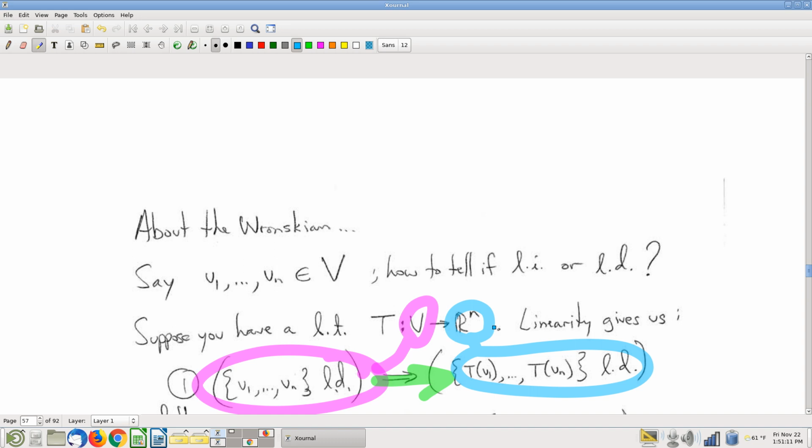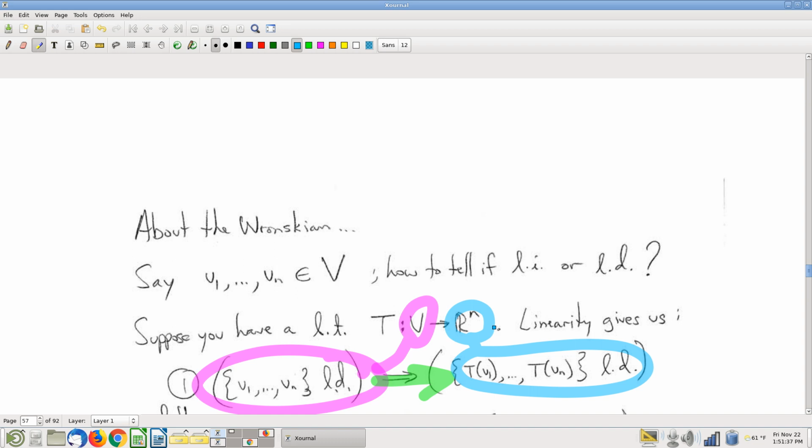If you have a dependent list of vectors in the domain, dependent means that there is a relation. Write down that relation, apply the linear transformation, cite linearity, and what you will have is an explicit relation between the output vectors. Okay, so I want everyone to fill in those blanks, do that argument, and our conclusion is that a dependent list of inputs gives a dependent list of outputs.